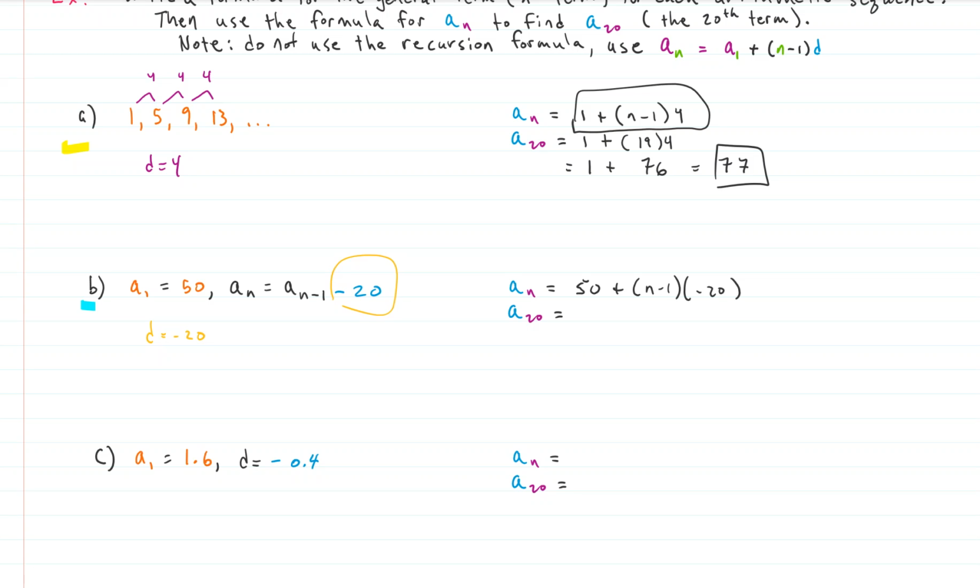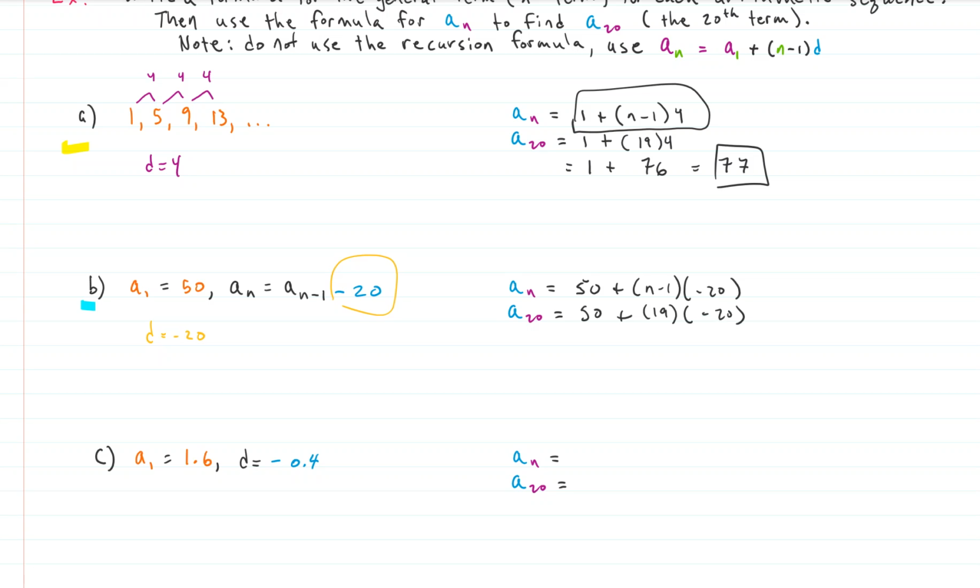So if we wanted to find the 20th term in this arithmetic sequence, we would use this nth term, and we would say we have 50 here, and n minus 1, since 20 is n, 20 minus 1 is 19, and then we have the common difference.